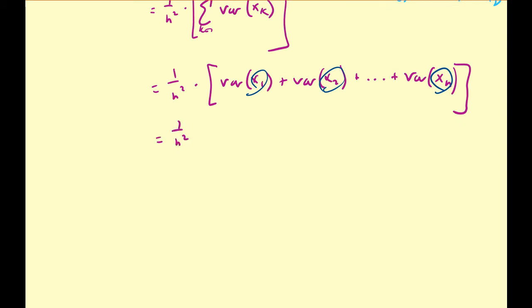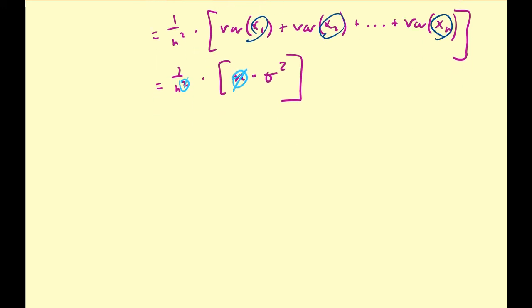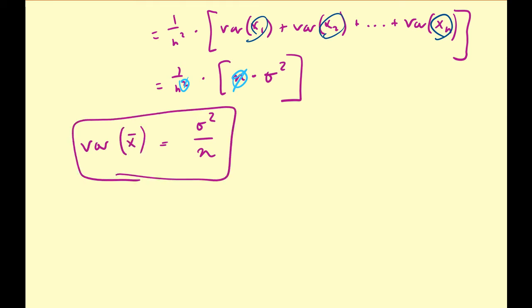So this is equal to 1 over n squared times n times the variance of the population, and one of these n's will cancel. So we're just left with sigma squared divided by n. And that is the variance of the sample mean. Or we can rewrite this as sigma x bar squared is equal to sigma squared divided by n.